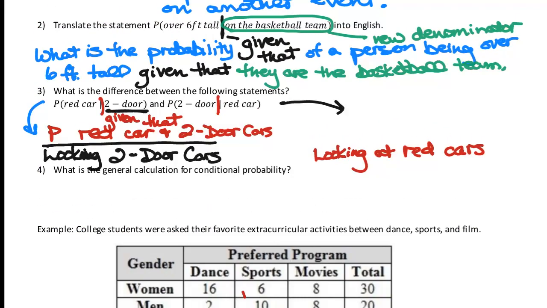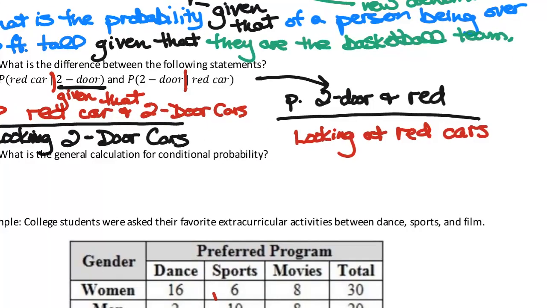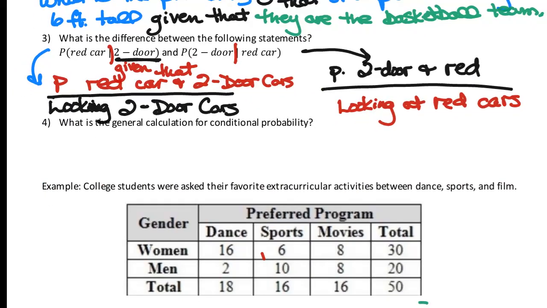And out of all that sea of red cars, we want the probability of getting a 2-door car that is also red. The probability of a 2-door car that is also red. All right? Any questions about that?